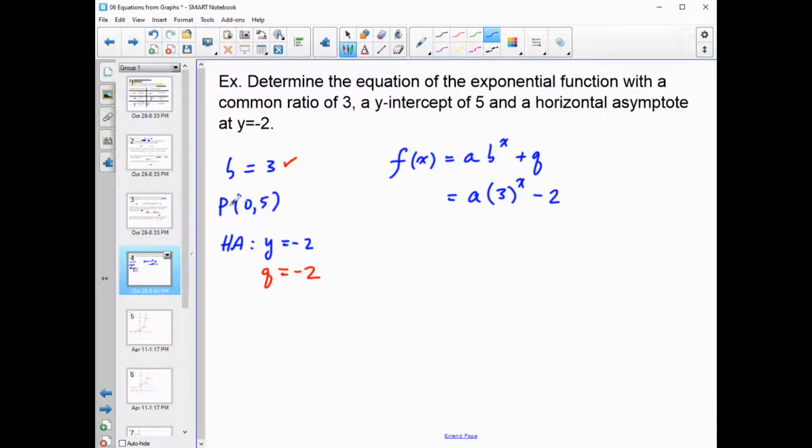The fact that we know this point at (0, 5), so this is right now my description of the function. You could write this as y equals as well. Now I'm going to sub my point (0, 5) in here. So the y value becomes 5. The a is the unknown we're going to solve for. 3 to the 0 minus 2.